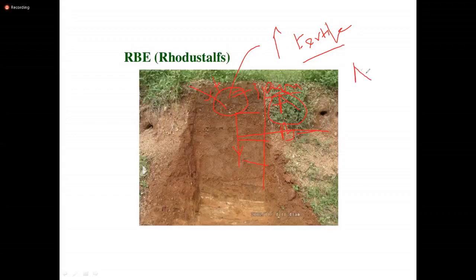Because we are growing annual crops, especially annual vegetable crops, whose root depth can go up to about 40 centimeters. So for annual crops, topsoil is very important. But perennial crops can grow deeper and get water and nutrients from the deeper layers. So even for annual crops, which have shallow roots, it is very important to study the soil.